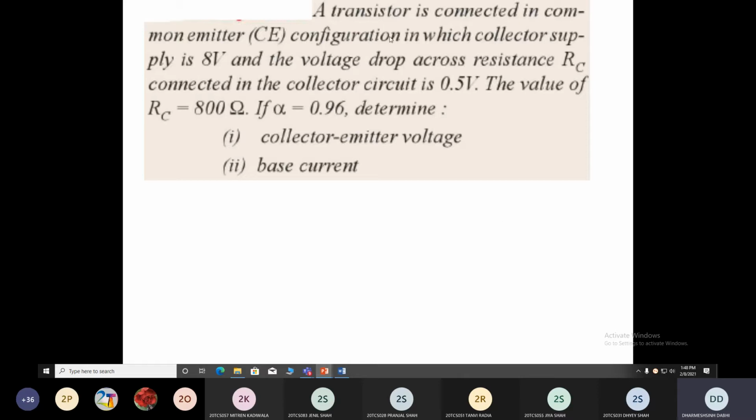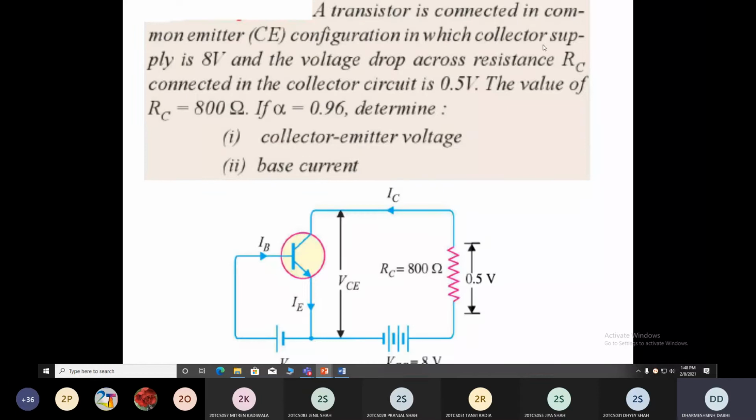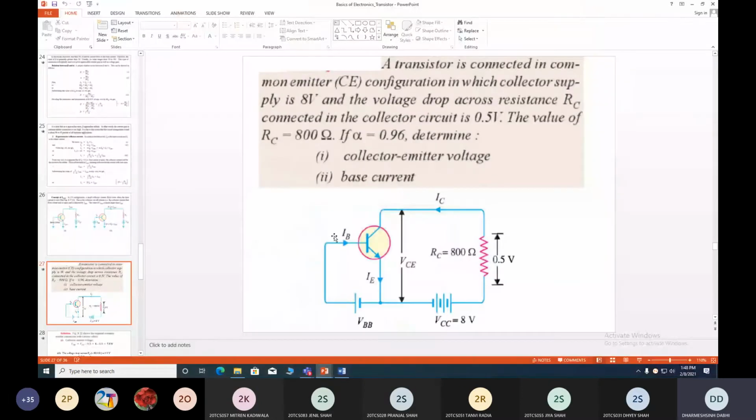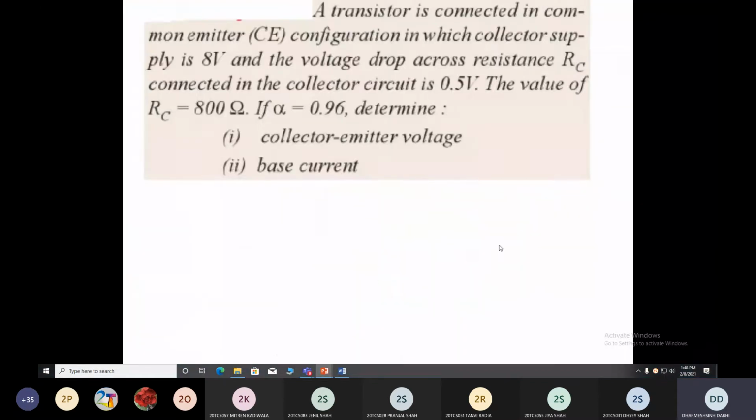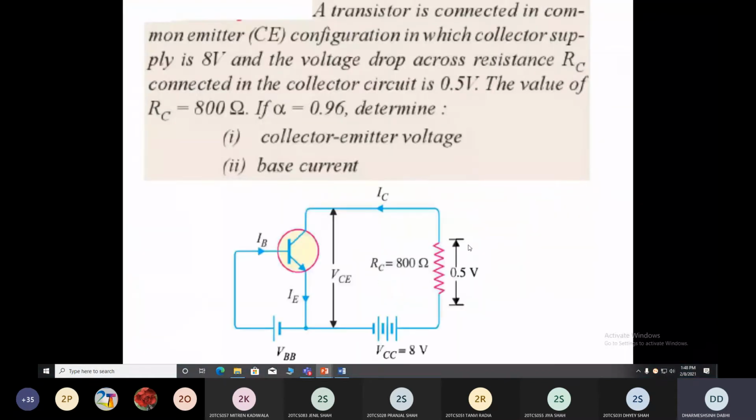A transistor is connected in common emitter configuration in which the collector supplies 8 volt, and the voltage drop across resistance RC connected in the collector circuit is 0.5 volt. The value of RC is 100 ohm, alpha is 0.96.